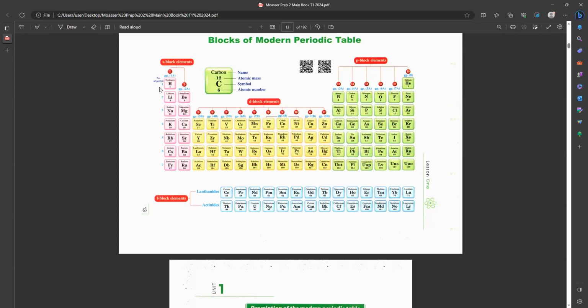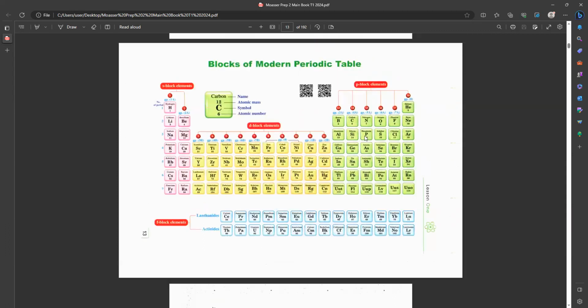He put in the same vertical column the elements that have similar properties, and he called this column a group. And he put the elements in periods, the horizontal rows.